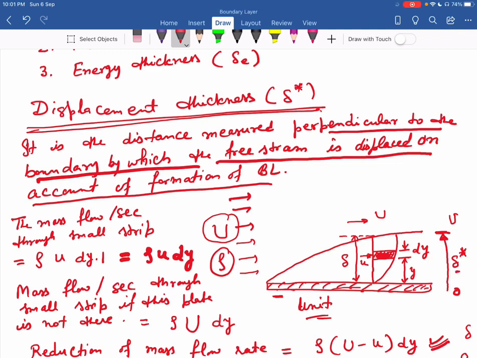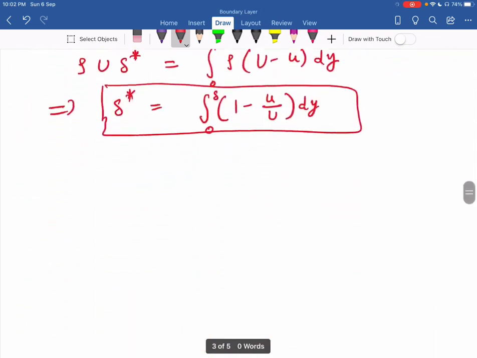That is delta star. This is the distance by which we move the plate on account of formation of boundary layer. So this is the displacement thickness.